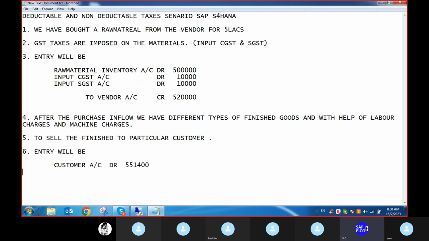Then next, to output tax account credit 10,400. To output tax, remove the word tax and just give CGST account.